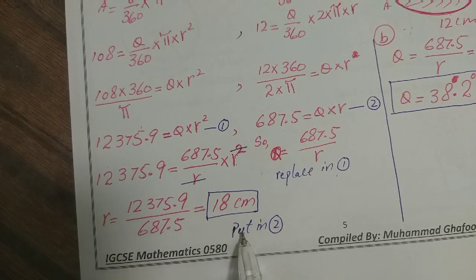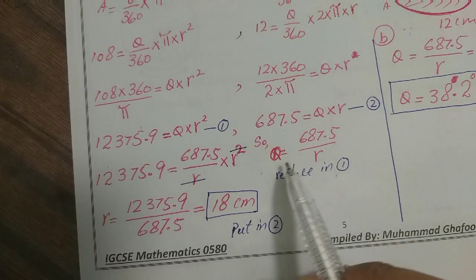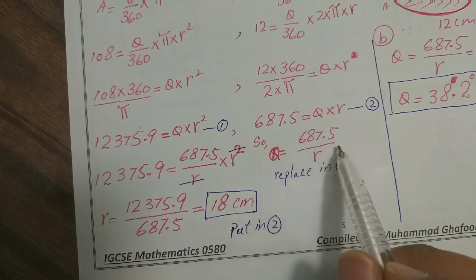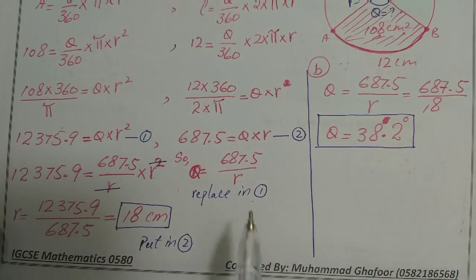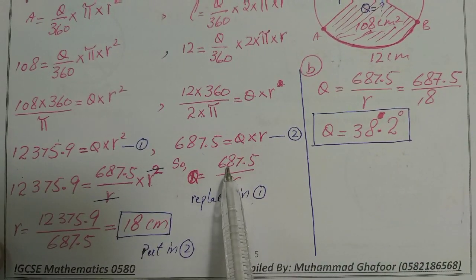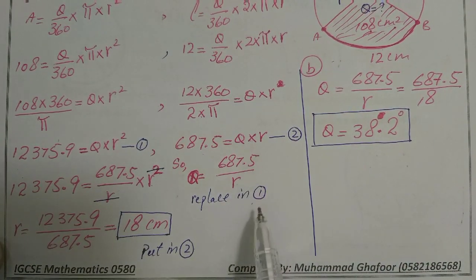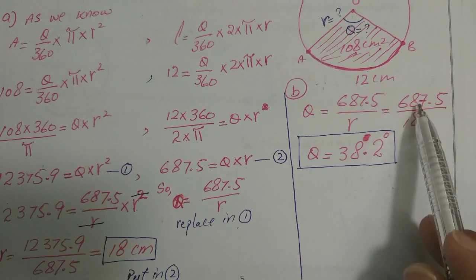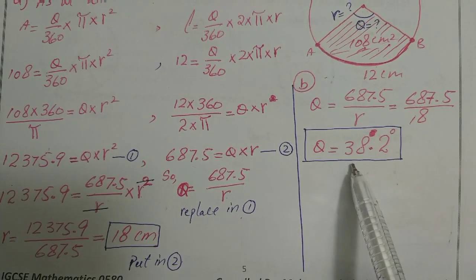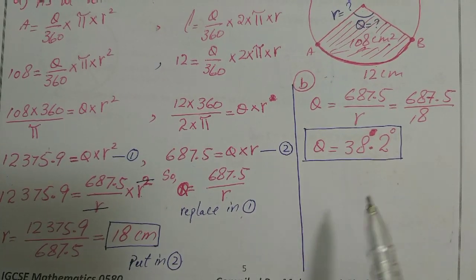So put this value of r into the second equation, because we already made theta the subject in the second equation. You can simplify and put the information here: 687.5 divided by r, which is 18, and you find 38.2 degrees.